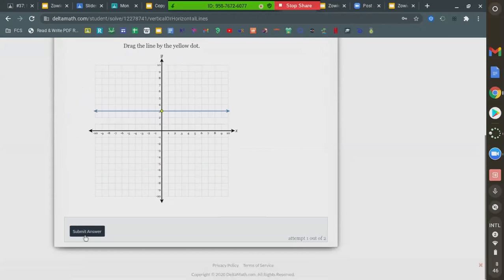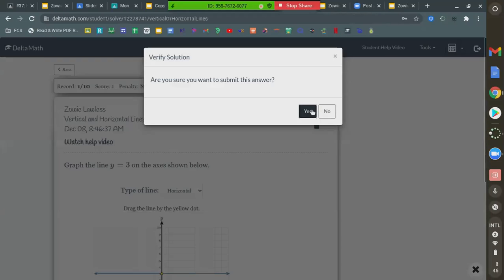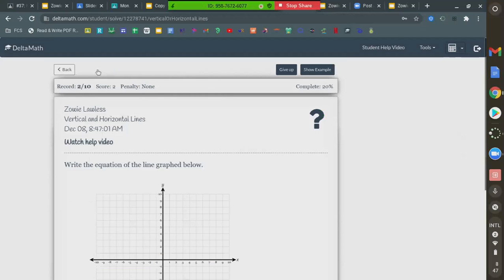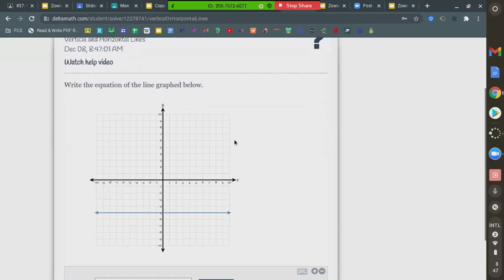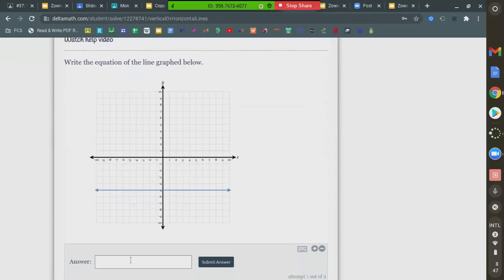There you go. It'd be y equals -5. Good.